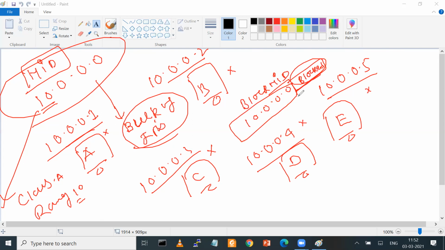So this is the best way to use network ID.